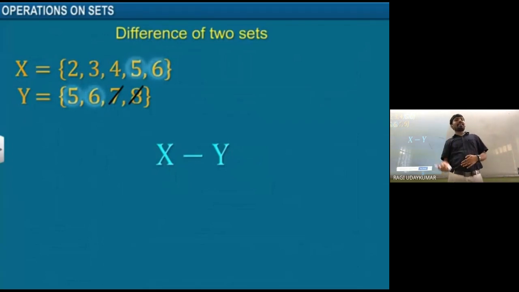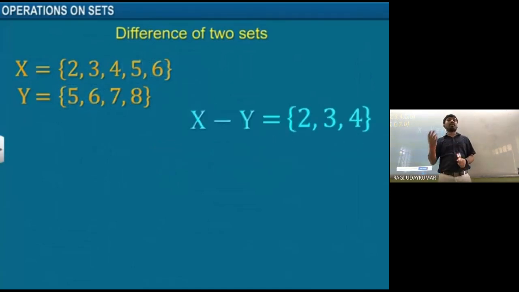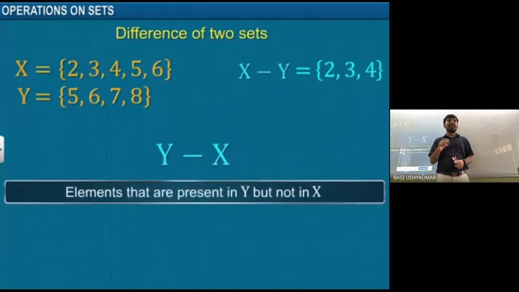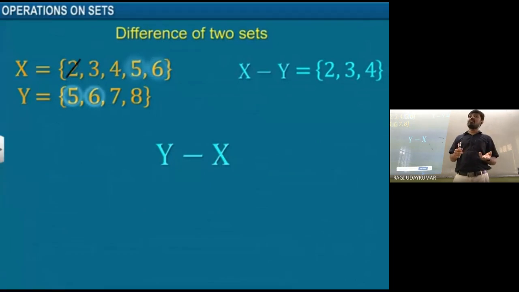X minus Y is equal to 2, 3, 4 we are going to get. Now Y minus X is nothing but the elements which are present in Y but not in X. The elements which are present in Y but not in X should be considered. So in that situation, 2 and 3 should not be taken into consideration.